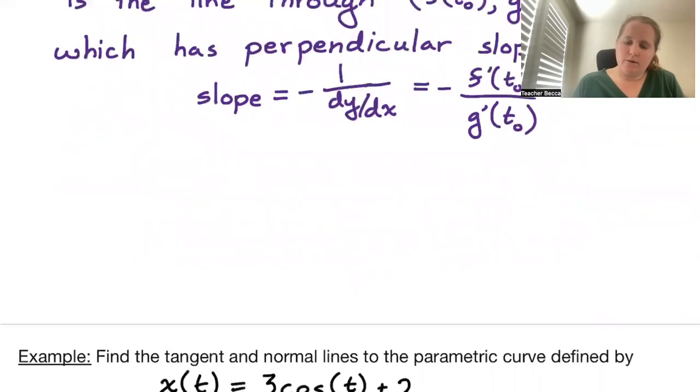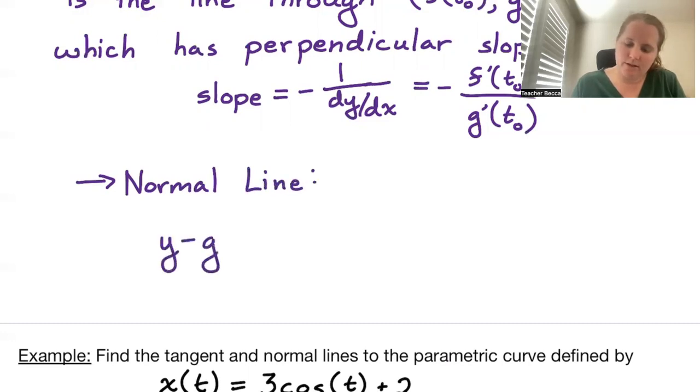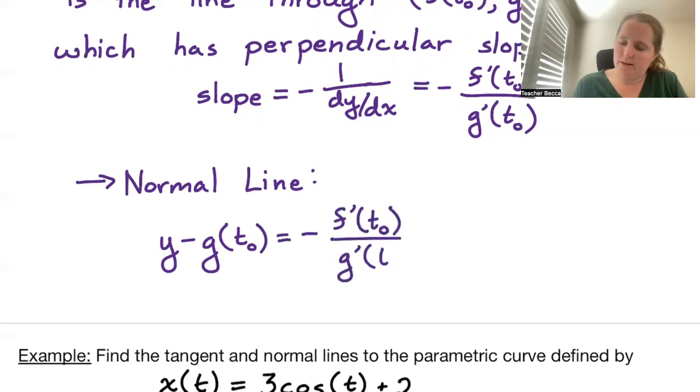So our normal line should have equation y minus g of t naught, the y value of our point, is equal to negative f prime of t naught over g prime of t naught times x minus f of t naught.